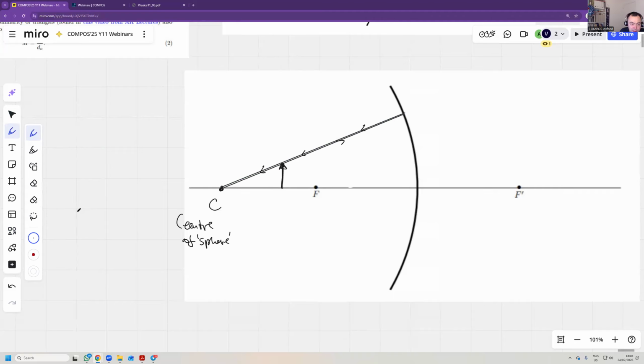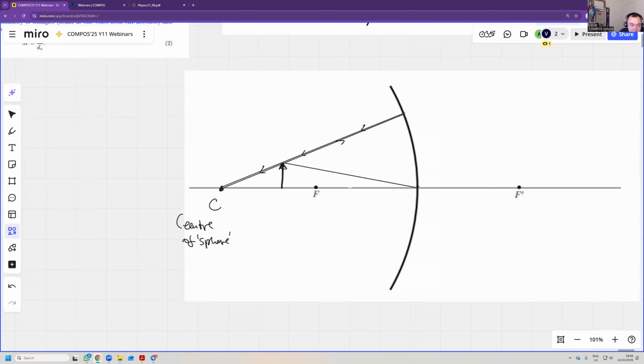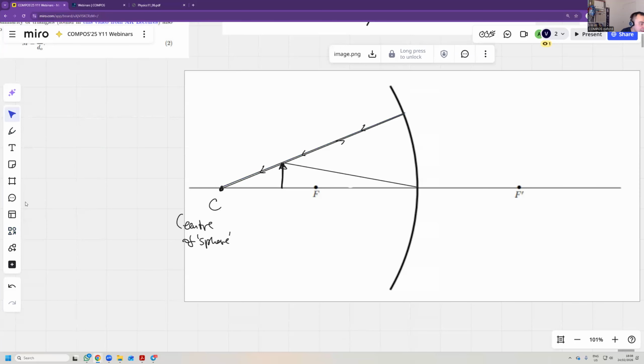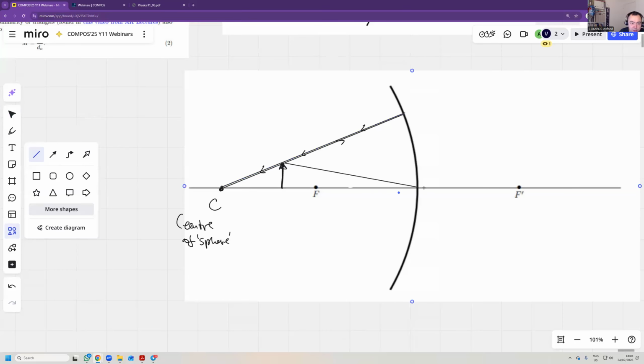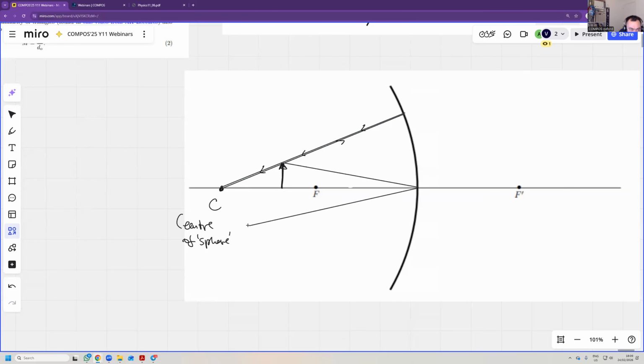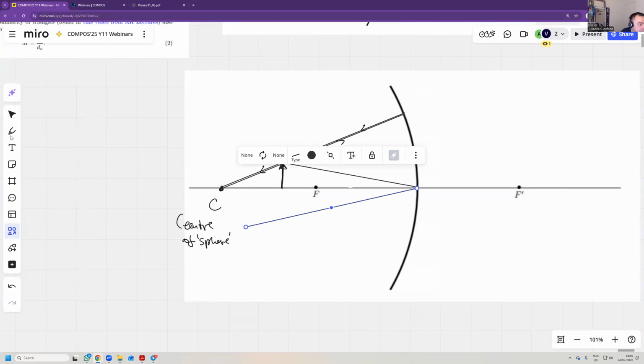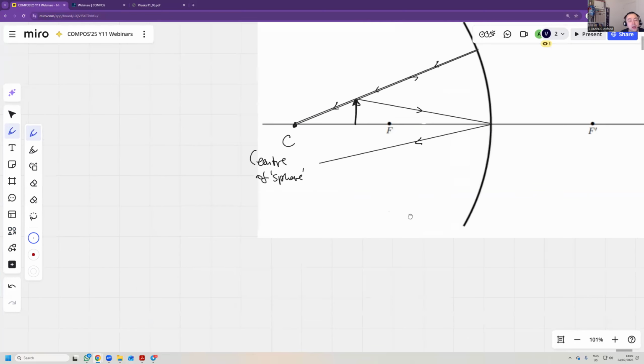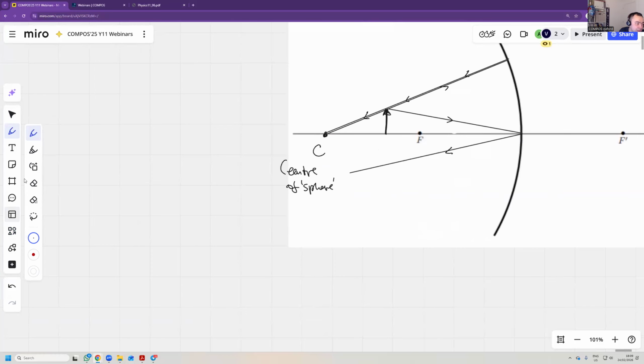Now, the second ray of light we draw to the center of the mirror, like this, and it will reflect at the same angle but backwards. So light will come from the object and reflect that way. Where these two rays meet will be the position of the image.